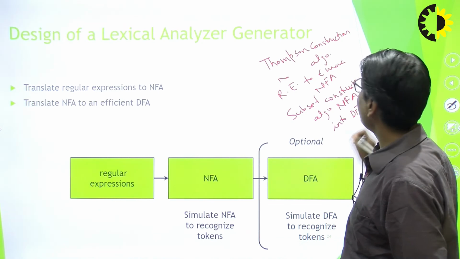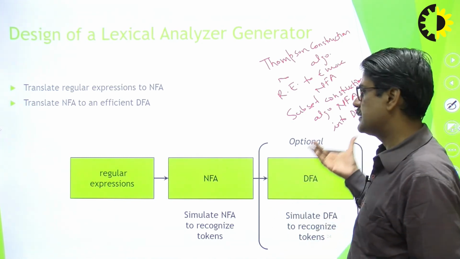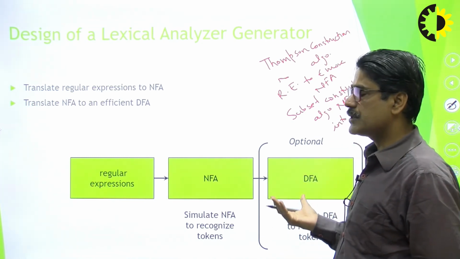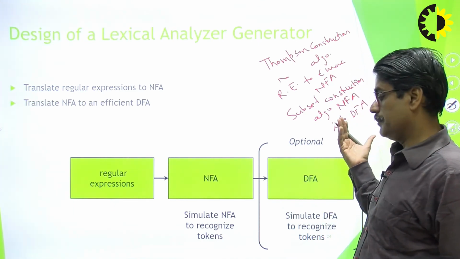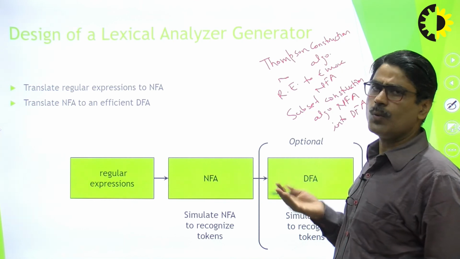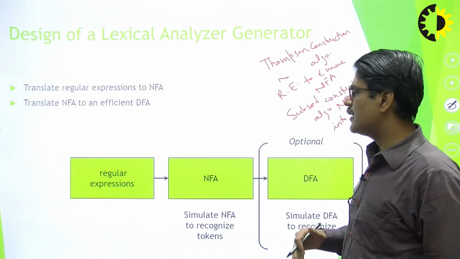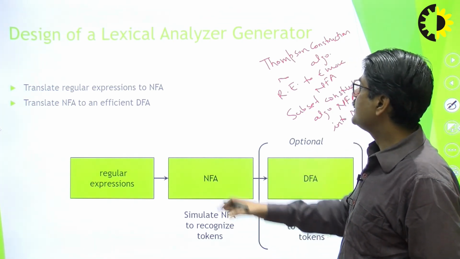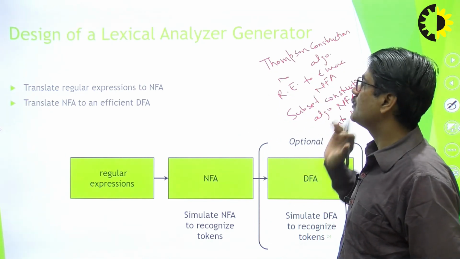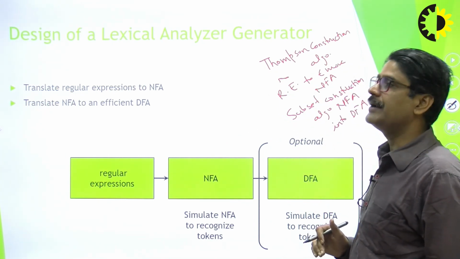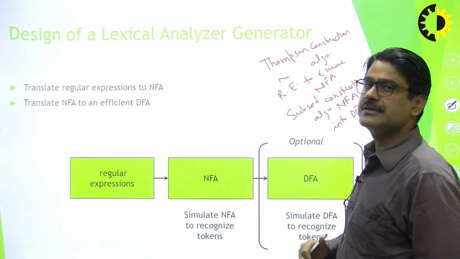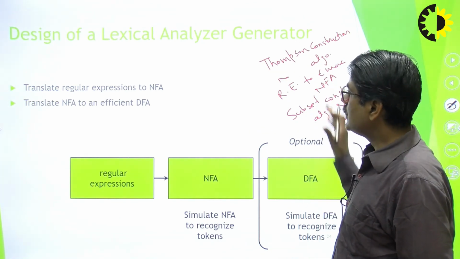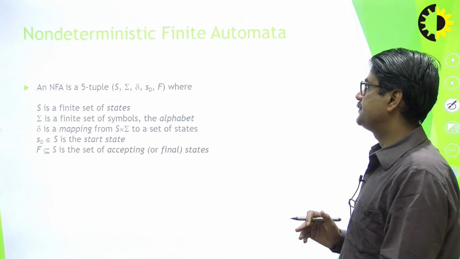If further requirement is there, we can minimize this DFA if required, but this DFA is more than sufficient. So this is the process. Firstly, we apply the Thompson construction algorithm to find the NFA with epsilon moves. After that, you convert this into a DFA. So this is the whole process.